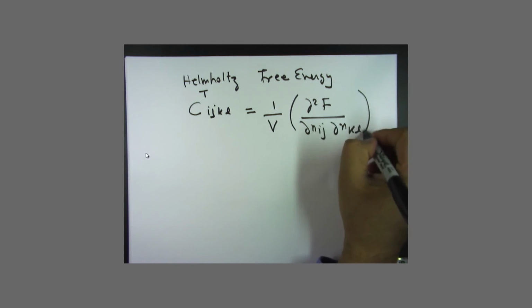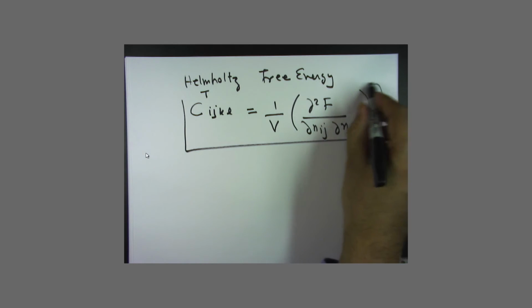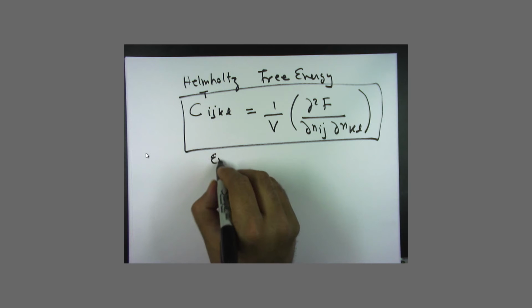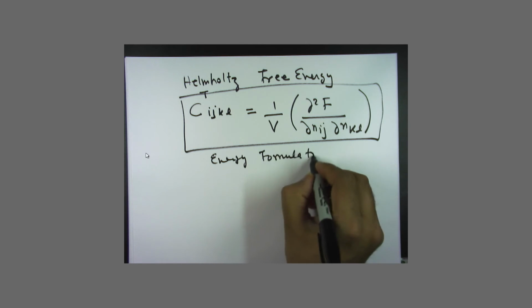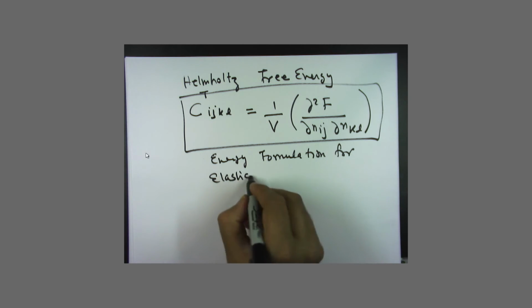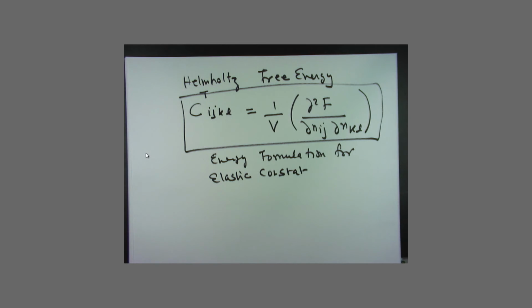So, we are looking at both quantities here. This gives us the energy formulation for the elastic constant, and we'll learn about that in a minute, but let me just put that as the portion that we are going to look at.